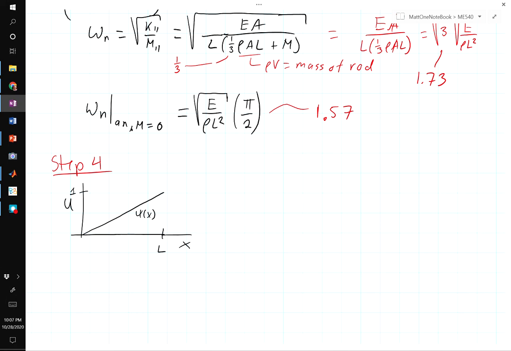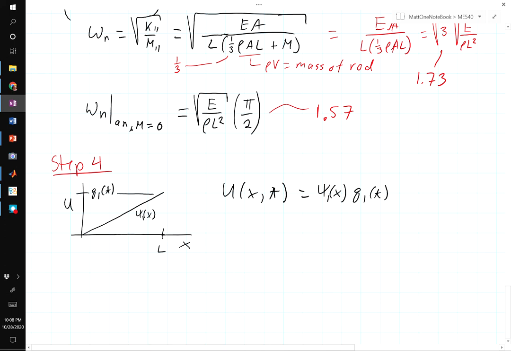And our u of x and t is just that psi of x times q1 of t. So I should call that psi 1. So this will be the displacement, and whatever value of q1 of t we have will set the amplitude at the point at the end of the rod. So rather than an amplitude of 1, we'll have q1 of t as our amplitude, right?